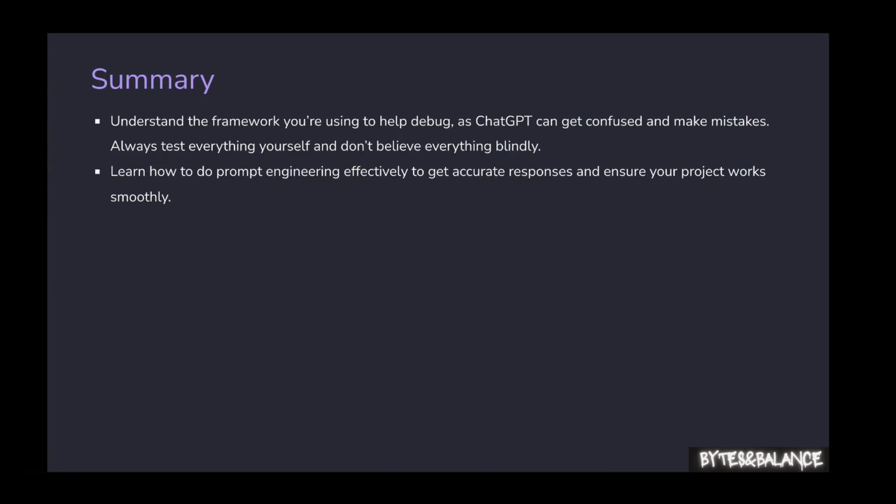So to sum up, have a solid understanding of the frameworks and libraries you're using. Don't do blind prompt engineering. When you do the prompt engineering, to get accurate answers, always test incrementally, and always reply back to ChatGPT if there are any problems.